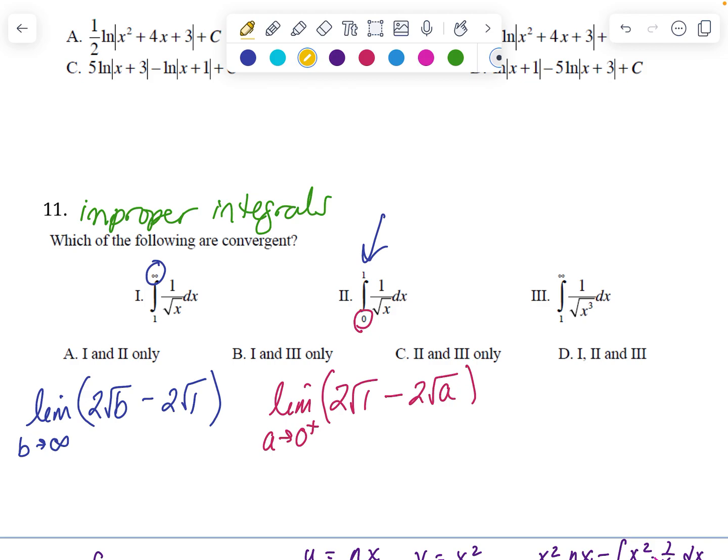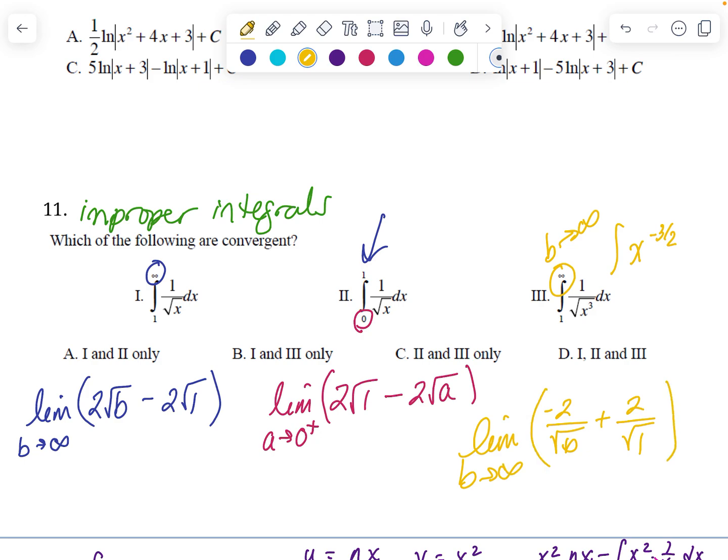And then in the last one, this is a different integrand. So this is integrating x to the -3/2. And so I'd have x to the -1/2 as my antiderivative. I would have rewritten the top bound, right? This would be b approaching infinity. So I'd have a limit here, b approaches infinity.